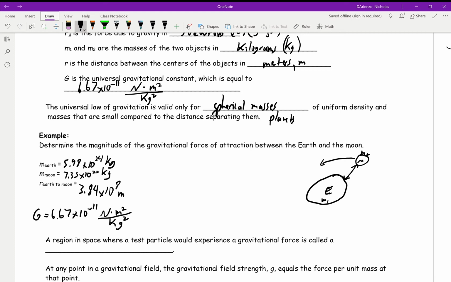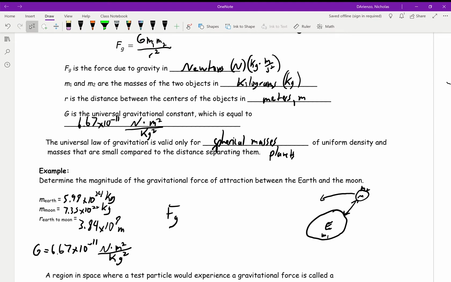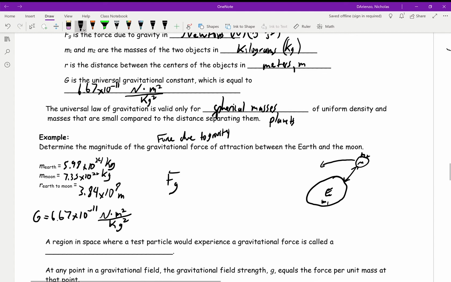Now, to determine the magnitude of the gravitational force, that's going to be our F sub g. Gravitational force is also called the force due to gravity, our F sub g, and that's equal to our big G times m1, m2. I'm writing that as mi.